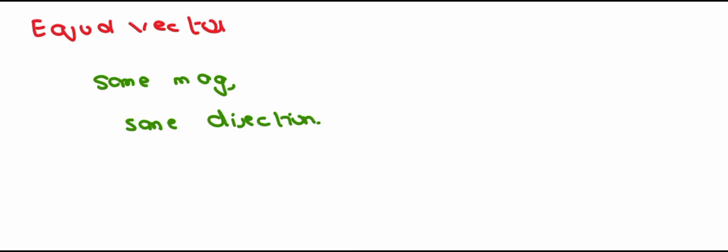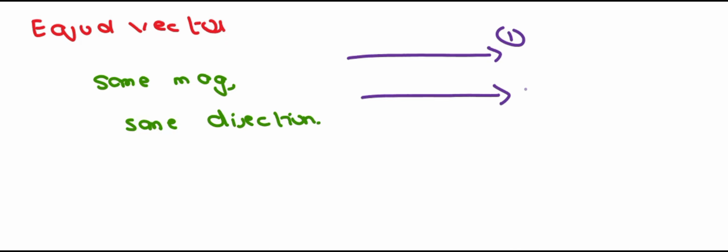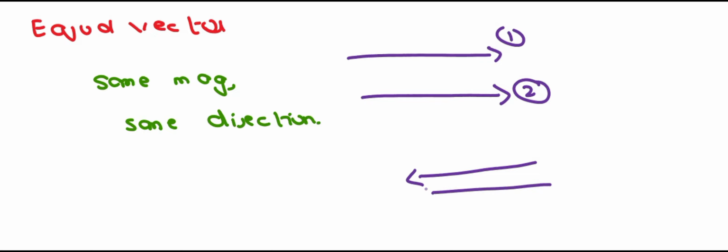So these vectors are known as equal vectors. Let's suppose we have two vectors, first one and second one. So these are the equal vectors, and this one also is equal vectors.